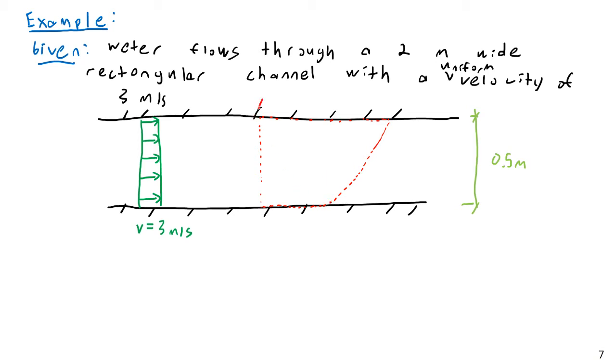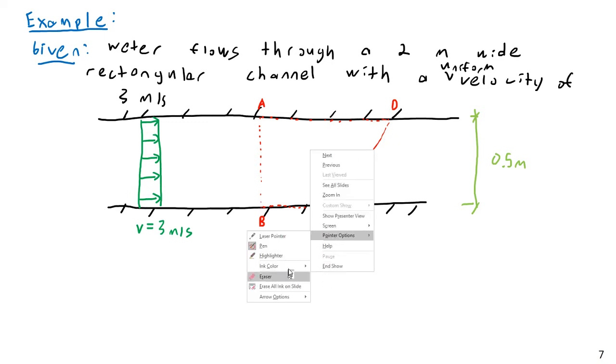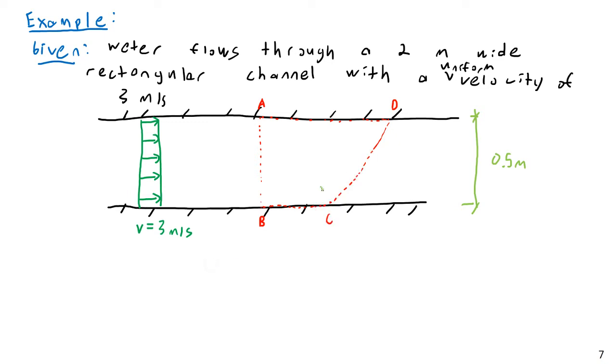And this is going to be A, B, C, and D. This is a straight line, in case you can't read my terrible drawings. D here is going to be offset from C by a certain angle, theta.